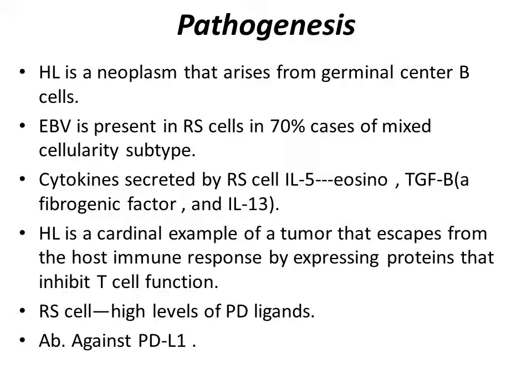Due to these cytokines, they will attract normal cells, normal eosinophils, some normal lymphocytes, macrophages, and others. This accumulation of normal cells is not simple innocent bystanders. They will themselves release some factors that will support the survival and growth of these neoplastic cells. So they are interdependent.